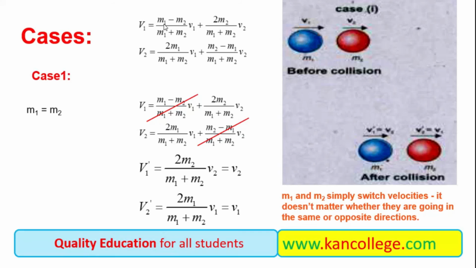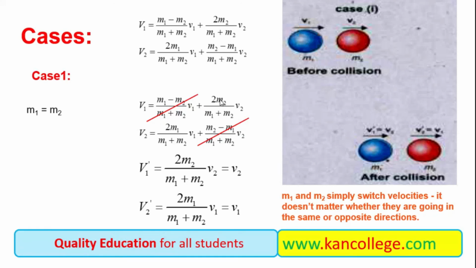So put m1 is equal to m2, same values will cancel. If m1 is 5, minus m2 is 5, 5 minus 5 is 0, this term will cancel out. And m2 is 5, 5 into 2, 10.